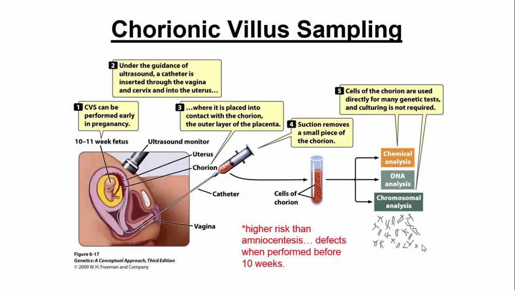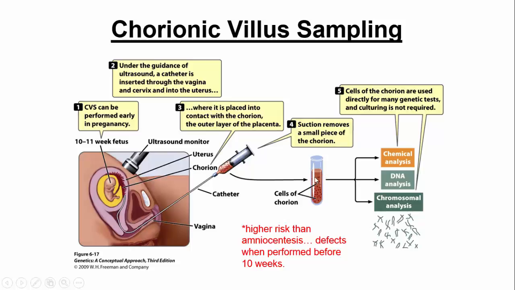Another type of test that's available even earlier, and this is much more rare, really you'd only test with this if the physician felt there was a major concern, is something called chorionic villus sampling. And this is done earlier, like around 10 weeks or so. A catheter is inserted into the female, and they basically take part of the chorion, right, which is the outer layer of the placenta. They remove that, and they get a very high density of cells.